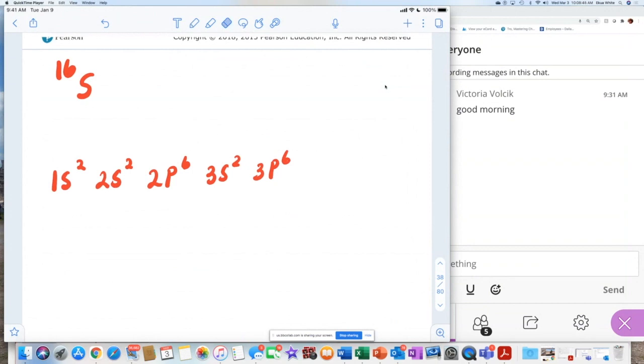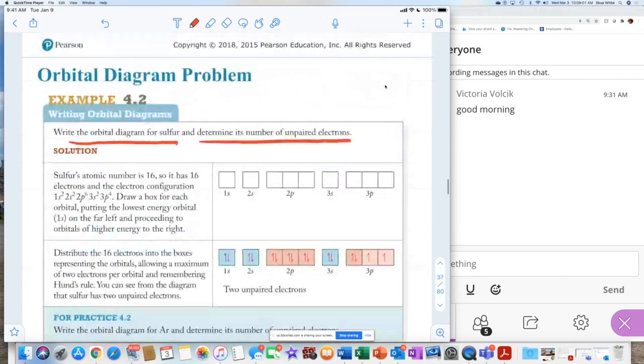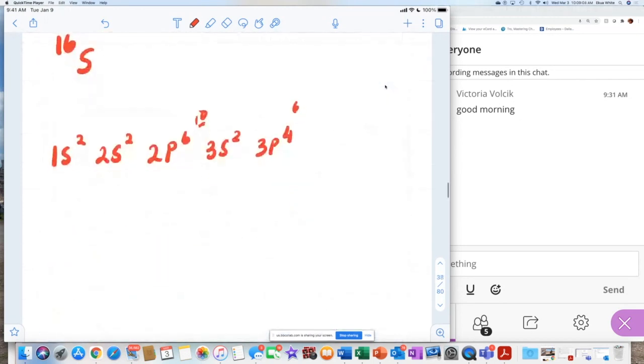Oops, no, we don't need all that because we're only going 16, right? Because from here, this is 10. So 3p4, okay? So from here to here, this is 10. From here to here, this is 6. So this is all we need, 3p4. Okay, so when it comes to the sublevels, they're showing us everything.